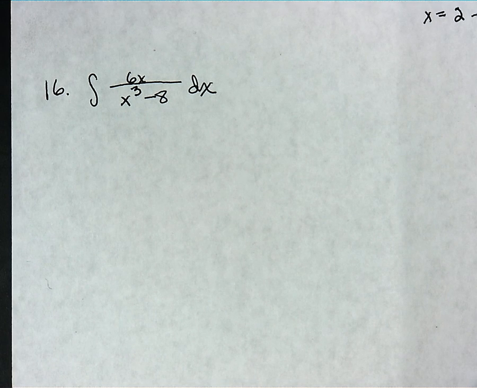What's the first thing you need to notice? It's the difference of two cubes. Do you see any other method that we know that we could use to integrate that without partial fraction decomposition?